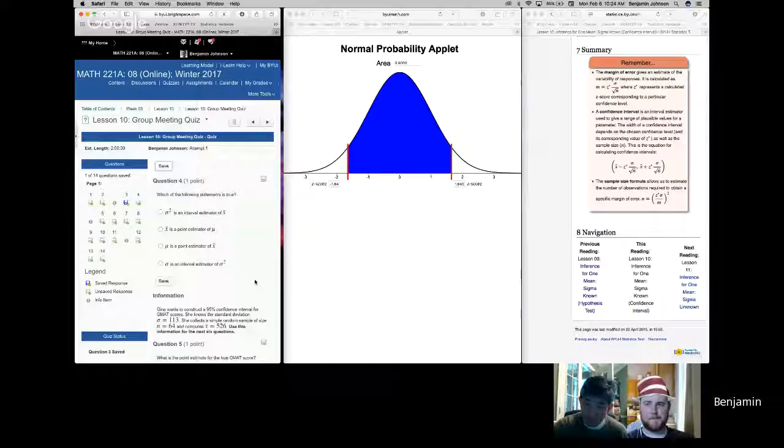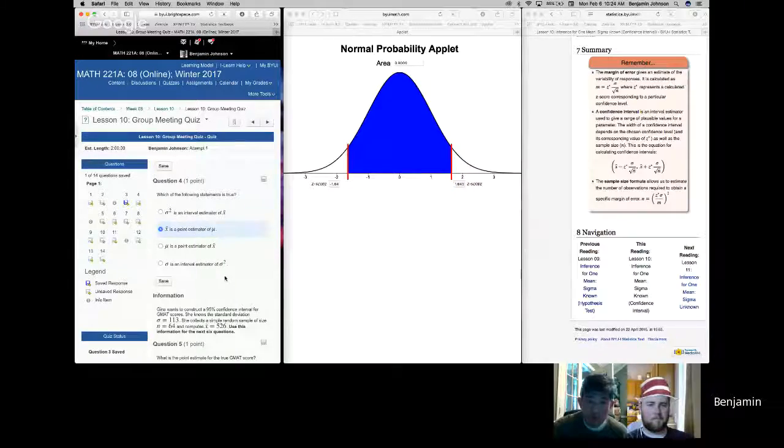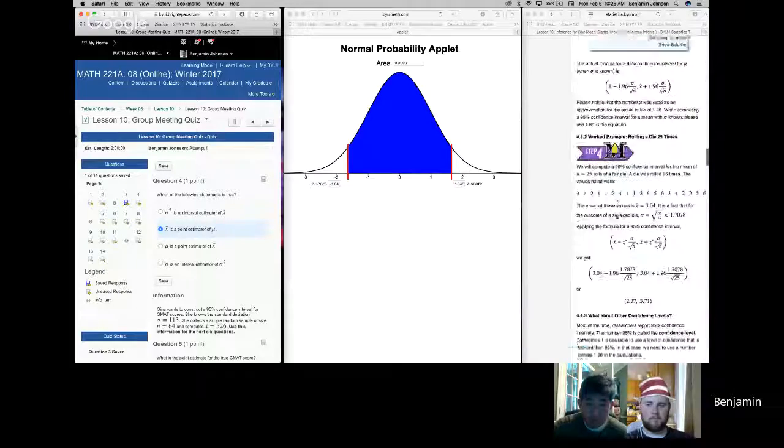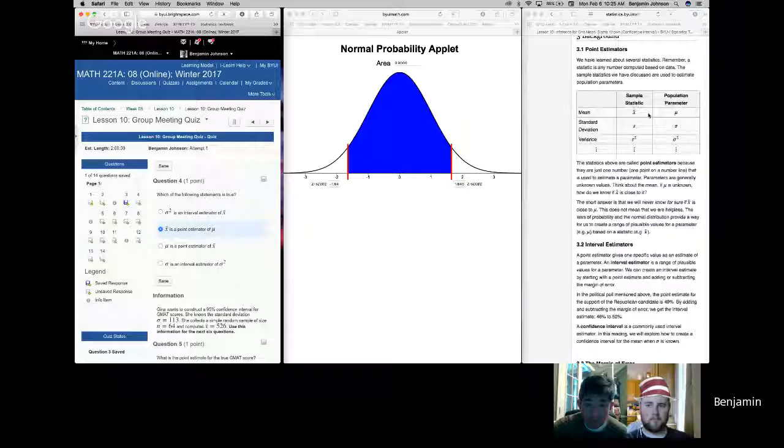Okay. Which of the following statements is true? Is X a point estimator of mu? That's right, right? B. I'm going to check the textbook. It's right here. Yeah, X is the point estimator. There you go.